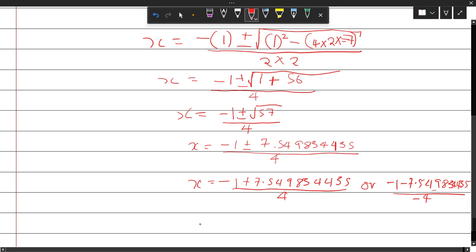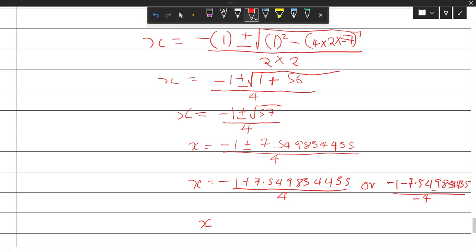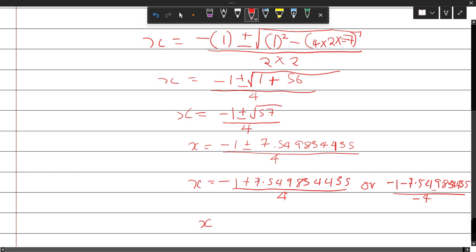So now you can just simplify here. -1 plus 7, you just subtract whole numbers, so 7 minus 1 is 6. So this would be 6.549834, then divided by 4.